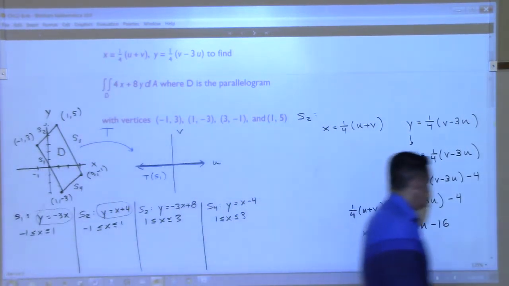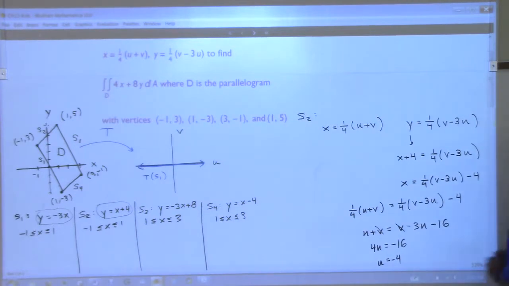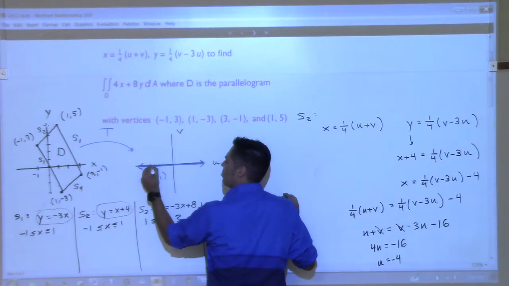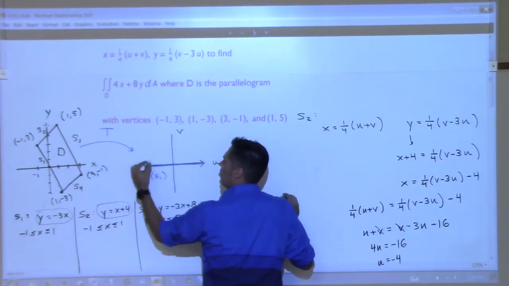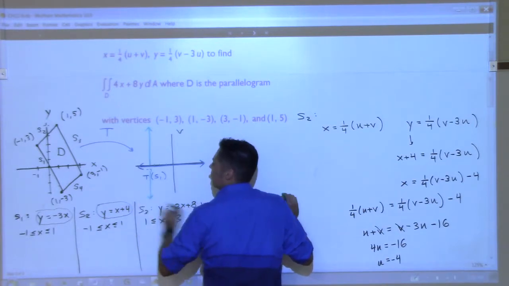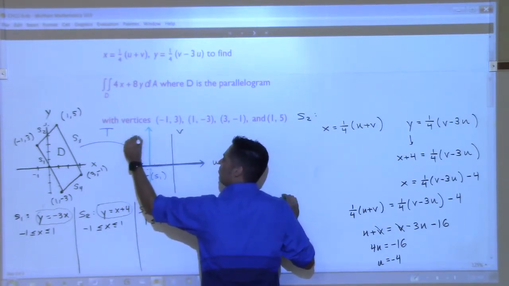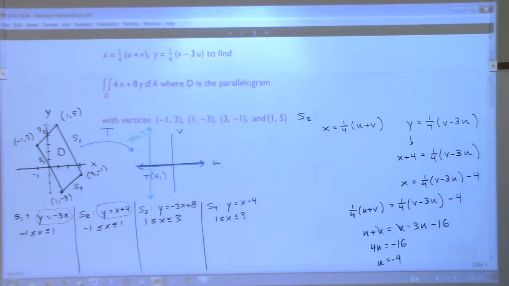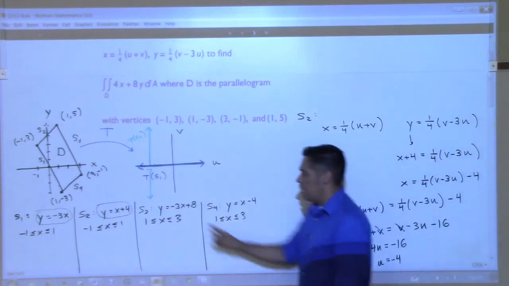Vertical line. This time, u is negative 4. 1, 2, 3, 4. Here's u is negative 4. And I have a vertical line like this. And that would be the transformation of S2. Make sense? And then we could continue and do this for the next 2 line segments.